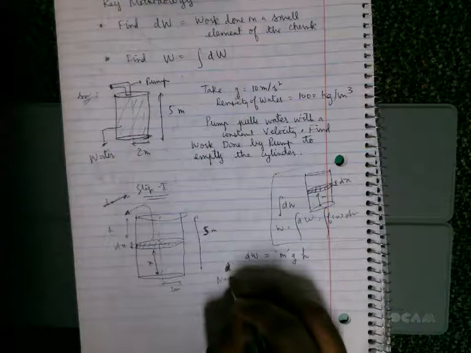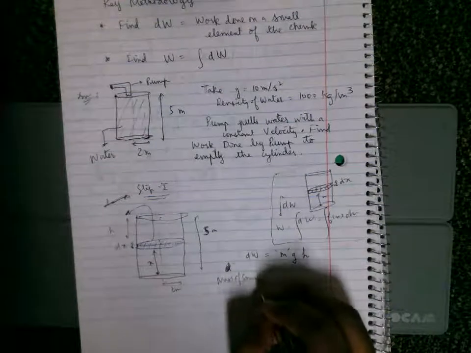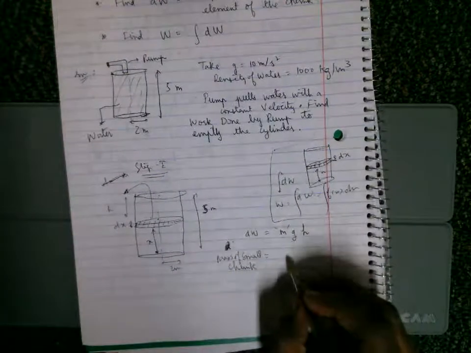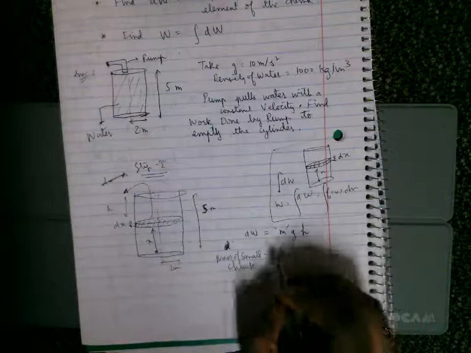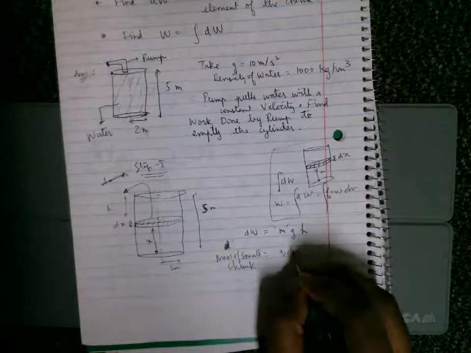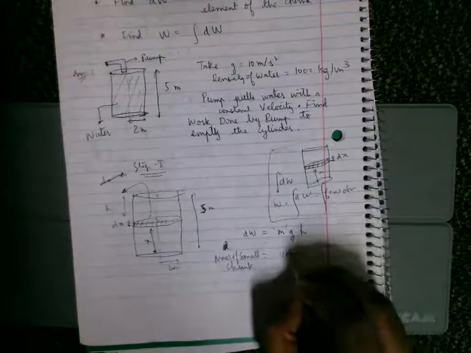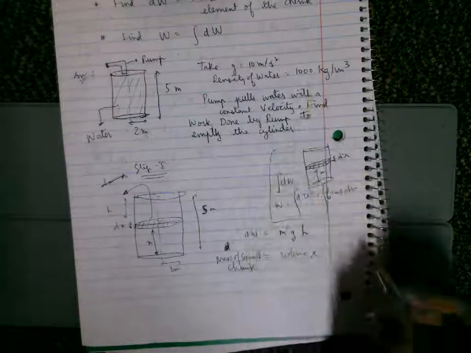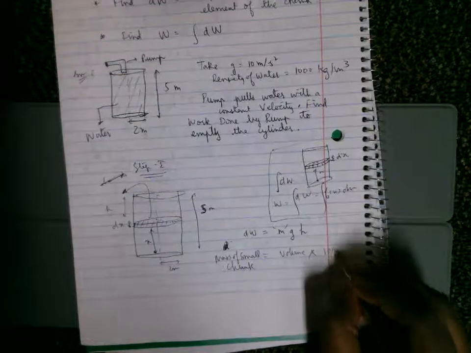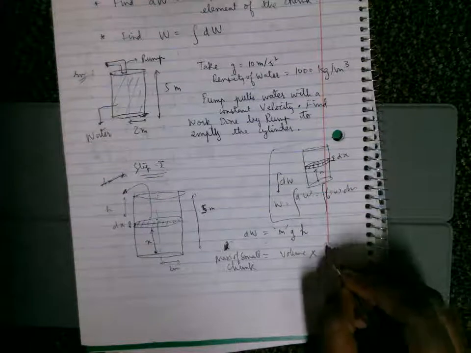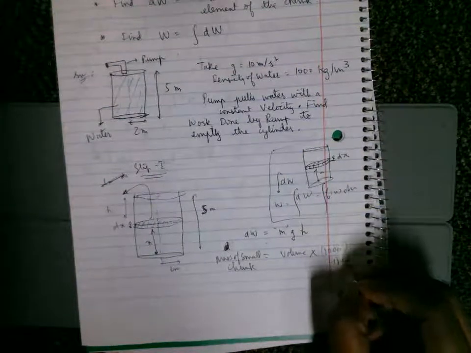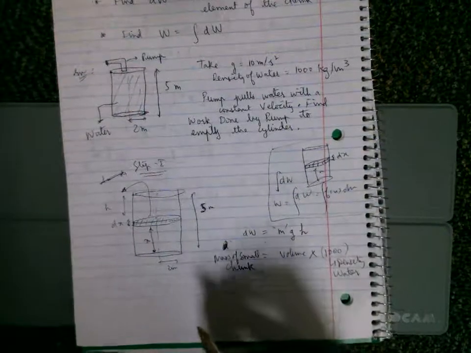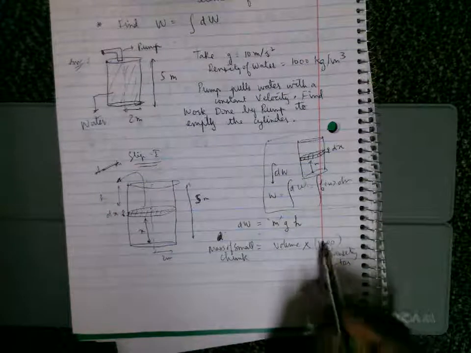Well, what is the mass of this small chunk? It is the volume of the small chunk times the density of water, right? The density of water is 1000 kg per meter cube. So the mass of this small chunk is volume times the density of water.